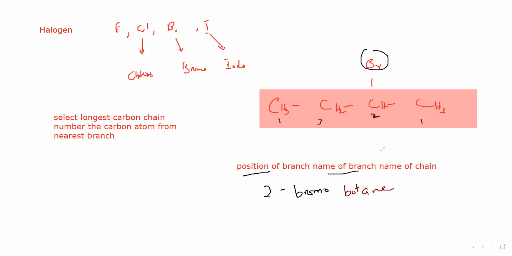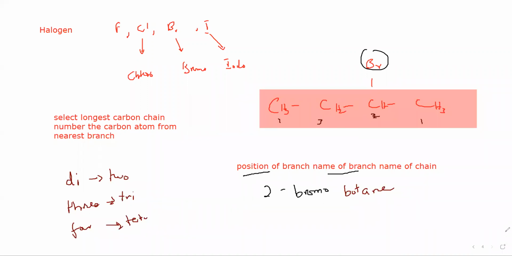But if 2 branches are there, we'll use the term di. If 3 are there, we'll use the term tri. If 4 are there, we'll use the term tetra.